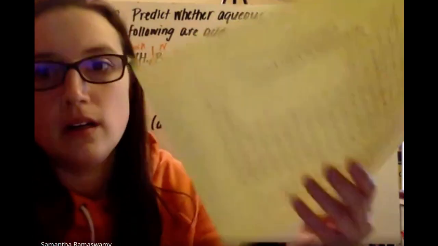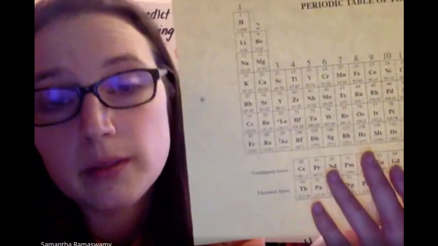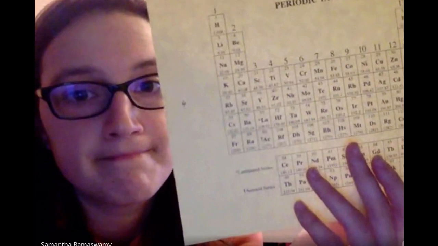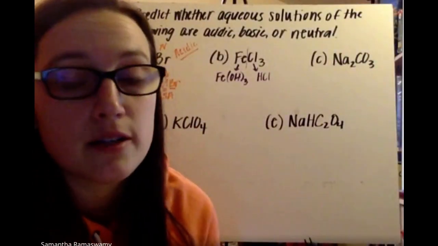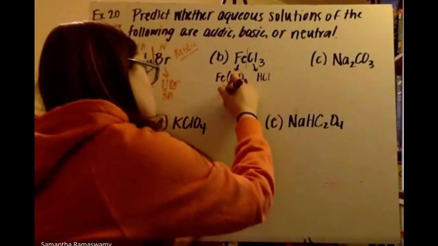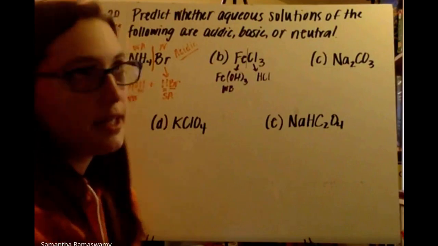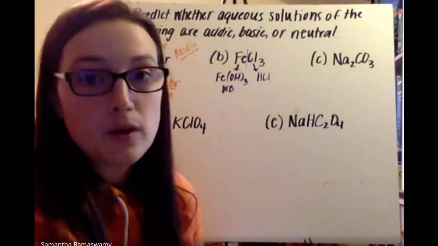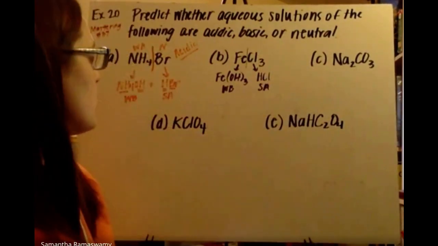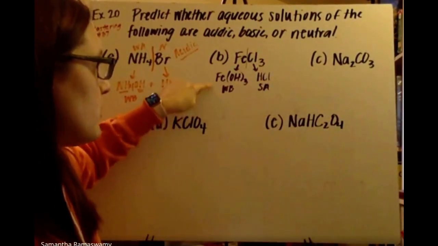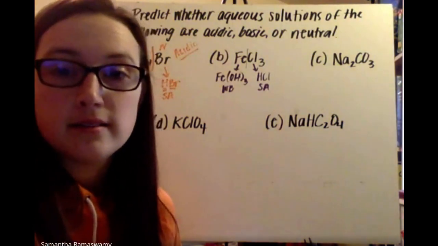FeOH3, again, look on your periodic table. Is iron part of the lowercase b on the periodic table? No. Iron then is not a strong base, so iron is a weak base. Iron 3 hydroxide is a weak base. HCl is one of your 7 strong acids. So then we can kind of work backwards. If FeOH3 is a weak base, its cation is a weak acid.